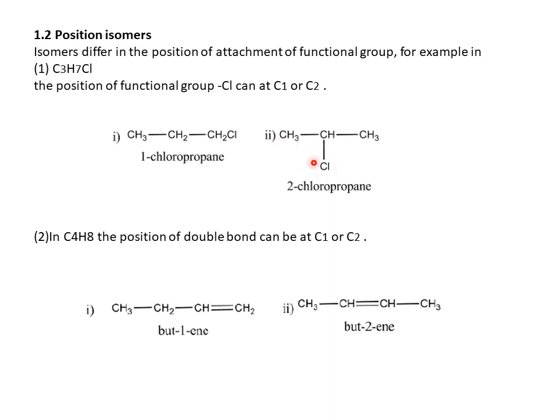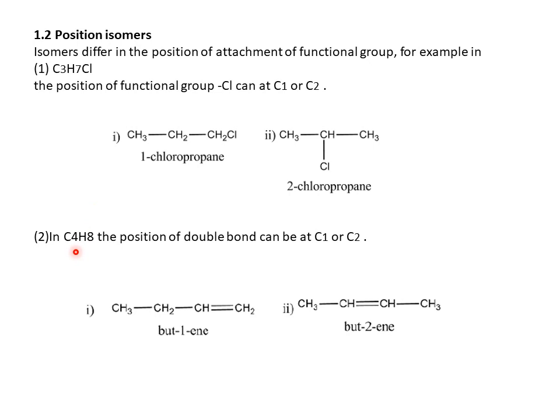It's called 2-chloropropane. The numbering can be from 1, 2, 3. These two compounds are position isomers, because the position of attachment of the functional group chlorine is different. One is at position 1 and the other at position 2.